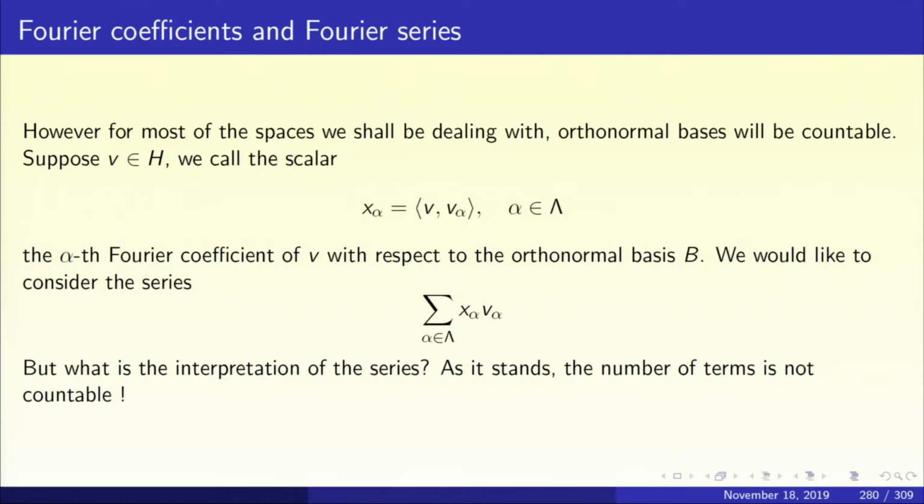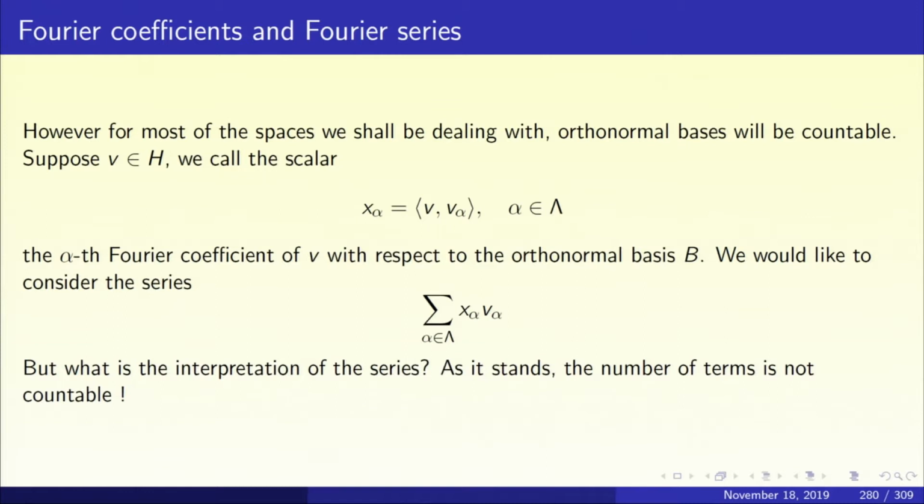It is V dot E1 cap, that is the first component x1, V dot E2 cap, that is the second component, and the third component is V dot E3 cap. This is a direct generalization of that idea. So x alpha can be thought of as the components of the vector V when you express this vector V in terms of this orthonormal basis, the collection of vectors V alpha.